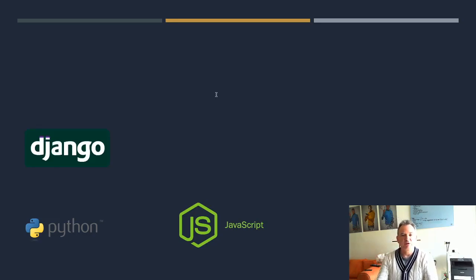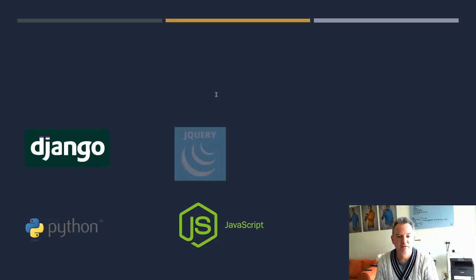On top of Python, we run what's called a web framework, which is called Django. And what Django does is takes away all the repetitive stuff around building web apps. It also helps us with a lot of the security and things as well. So Django is like our IKEA kitchens for Python, and jQuery is our IKEA kitchens for JavaScript.